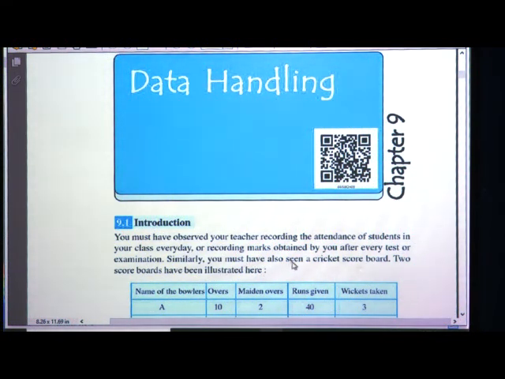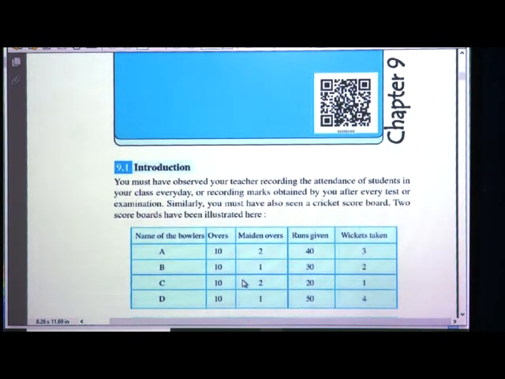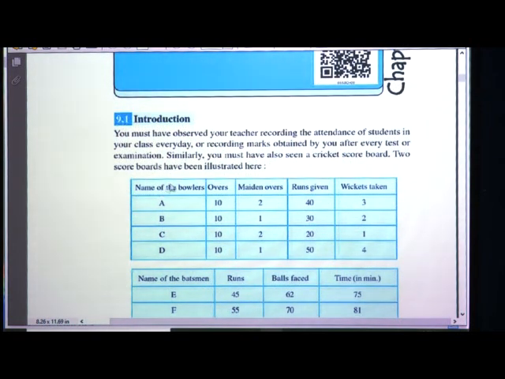Similarly, you must have also seen a cricket scoreboard. Two scoreboards have been illustrated here. Let us see. Names of the bowlers are A, B, C and D, and the overs are 10, common for all, and maidens are 2, 1, 2, 1. The runs given are 40, 30, 20 and 50 by the different bowlers, and the wickets taken are 3, 2, 1, 4.